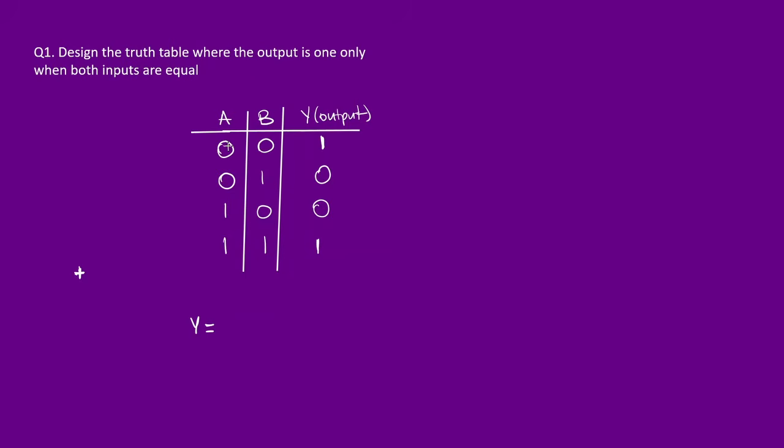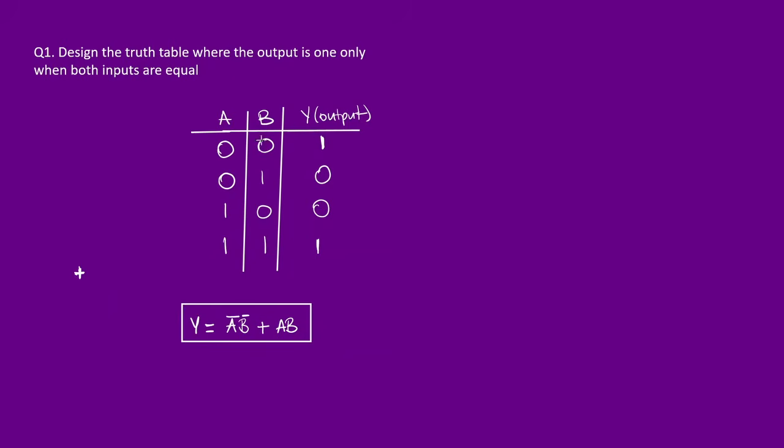So writing this in binary, A being 0 is not A. B being 0 is not B. So not A, not B, or, in this case, AB. So this is the Boolean expression for this question. How did we come about this? You get to look at it very carefully.